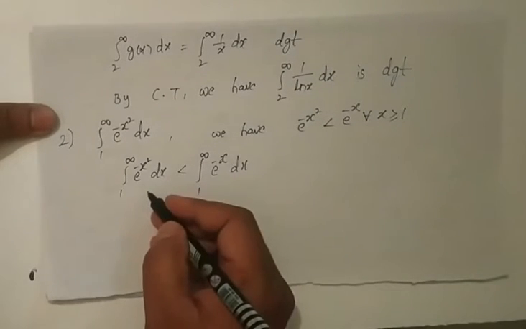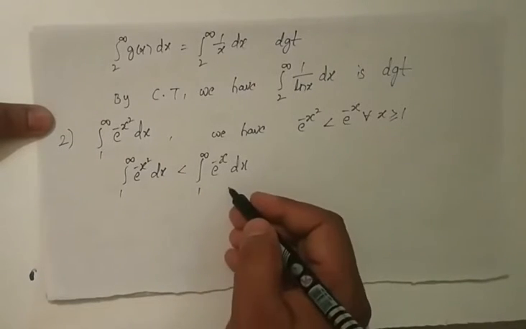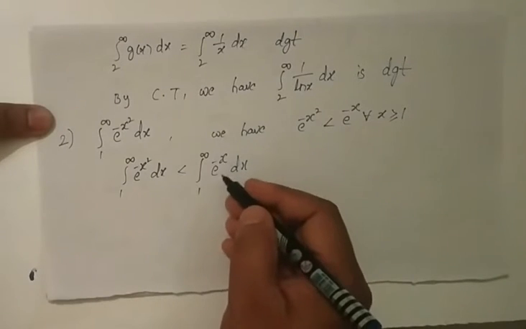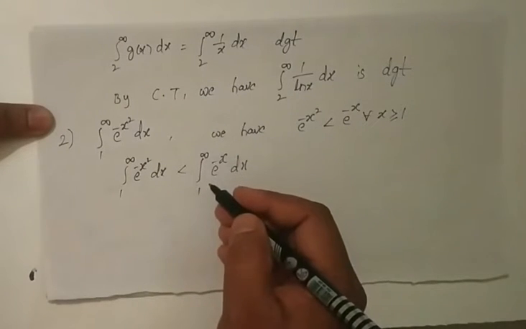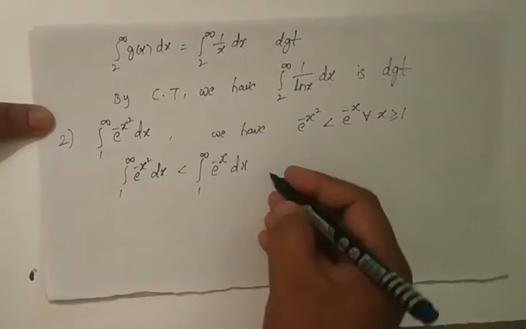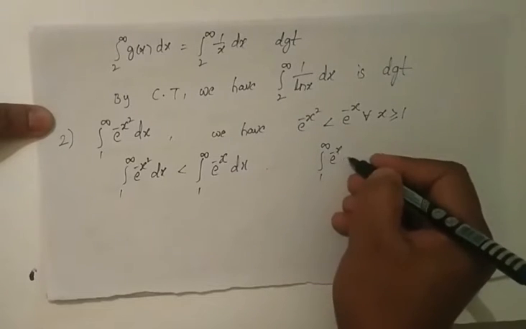This is the small function, this is the big function. Next we have to find this improper integral, the integral from 1 to infinity of e power minus x dx.